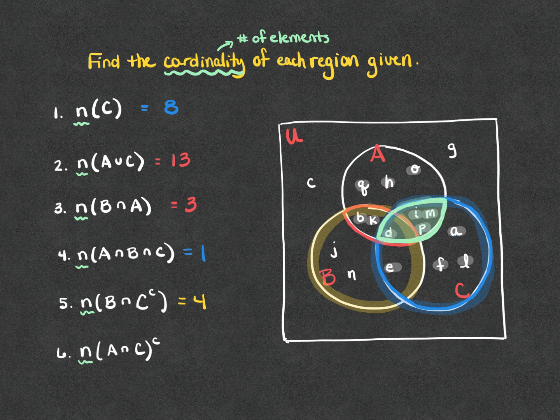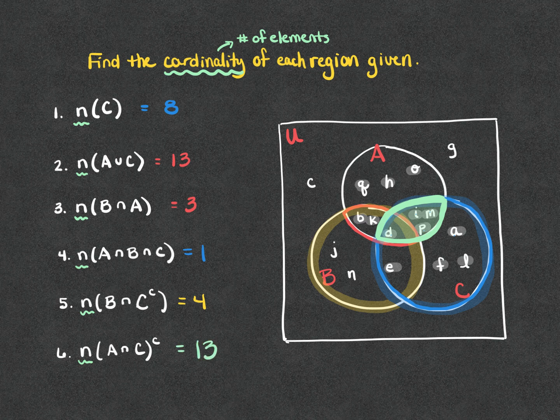That is A intersect C. But I want the complement of that. So what that means is I want to count every element outside of this region. I don't want what's inside. I want everything outside. So I have 1, 2, 3, 4, 5, 6, 7, 8, 9, 10, 11, 12, 13 as the cardinality of that set.